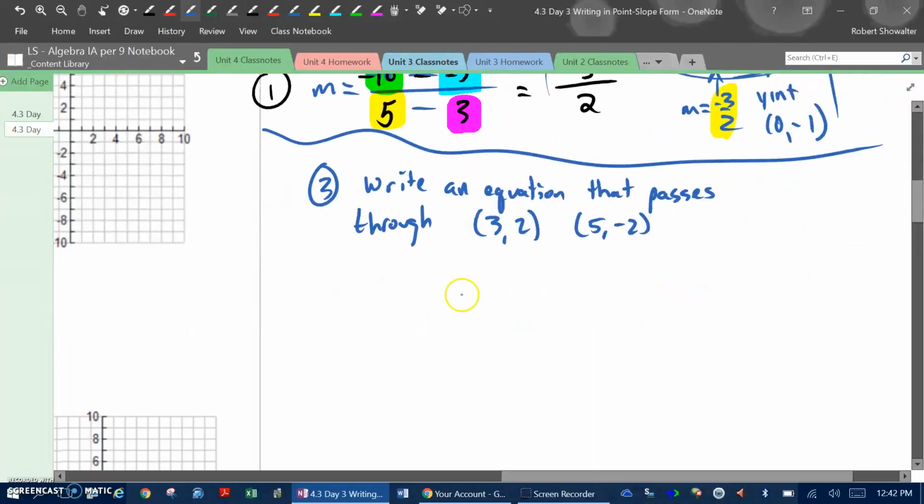So when we want to write the equation of a line that passes through 3, 2, and 5, -2, I would like that in slope intercept form in the end.